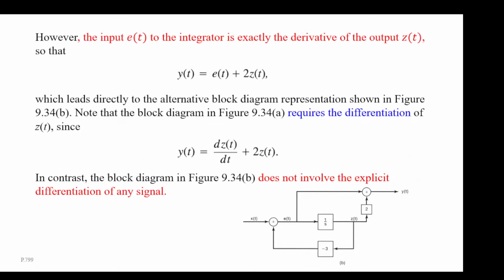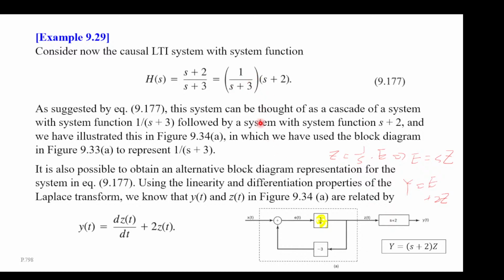Let's skip going back to the differential equation. We want Y equal to this Z here, which is 1 over s plus 3. From the previous example, this block already gives us big Z equal to 1 over (s plus 3) times big X. Then we want Y equal to s plus 2 times Z, so we can just take the E out here.